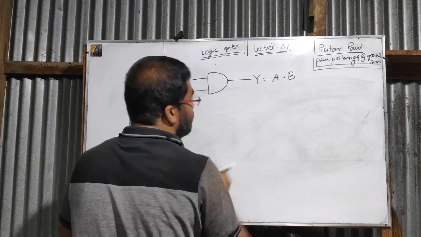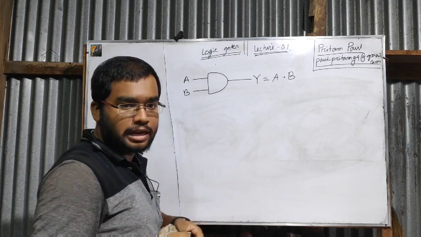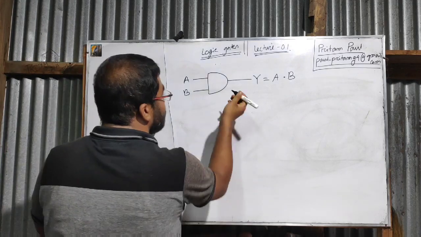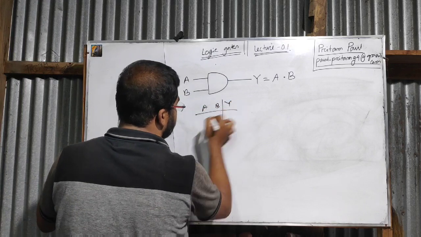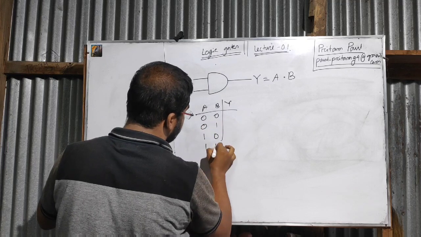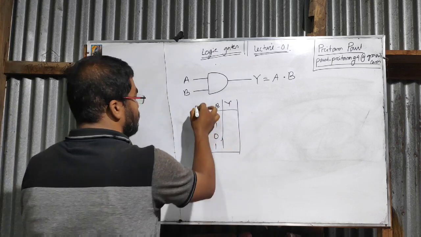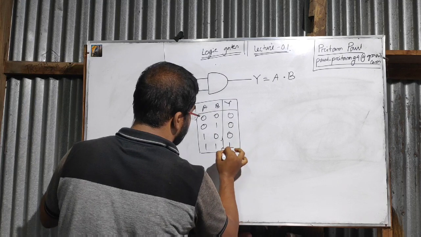And in the truth table, in physics or in modern physics in class 12 and electronics also, in engineering or in general science also, you have studied A, B and Y. This is the truth table: 0, 0, 0, 1, 1, 0 and 1, 1. You know that the outputs are 0, 0, 0 and 1.